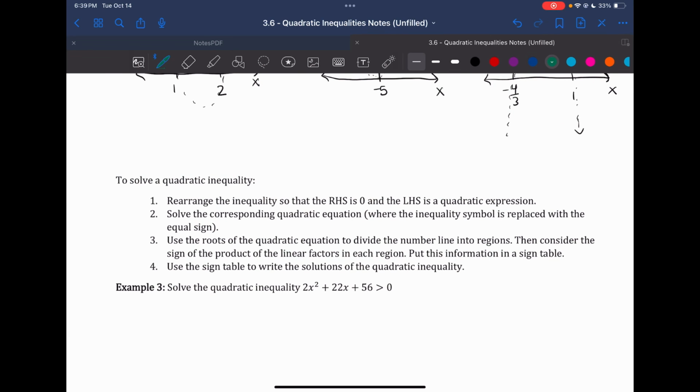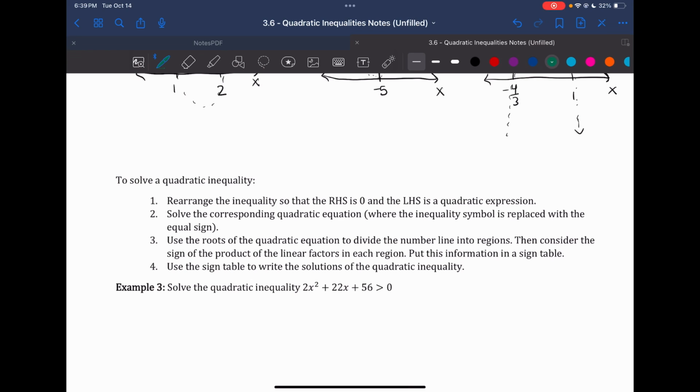So to solve quadratic inequalities, what you want to do is take a couple of steps and use this idea of the sign diagram to help you figure out the answers. So first, rearrange the inequality so that the right-hand side is 0 and the left-hand side is the quadratic.